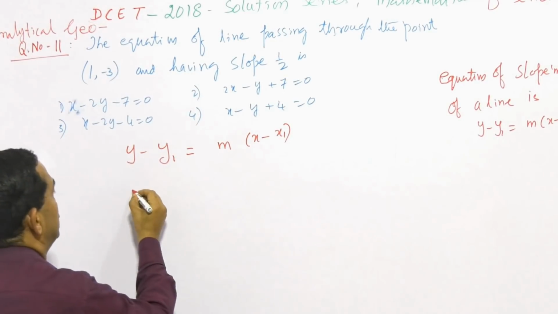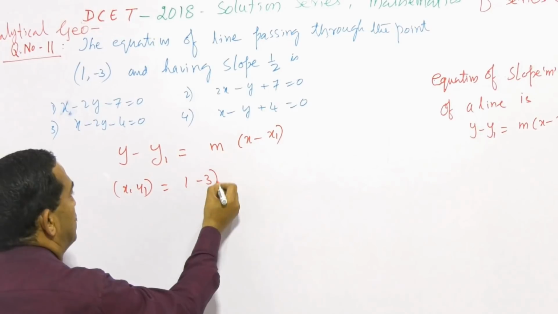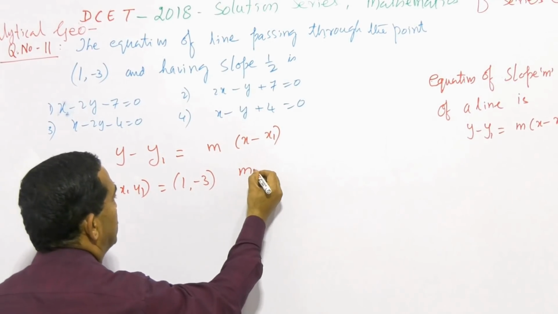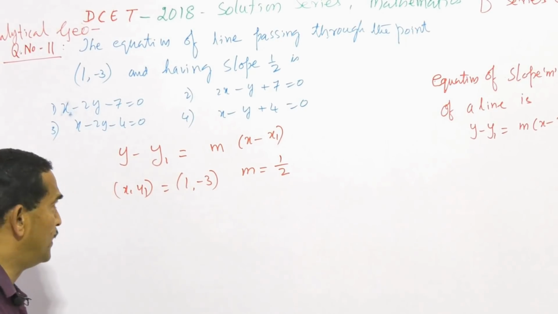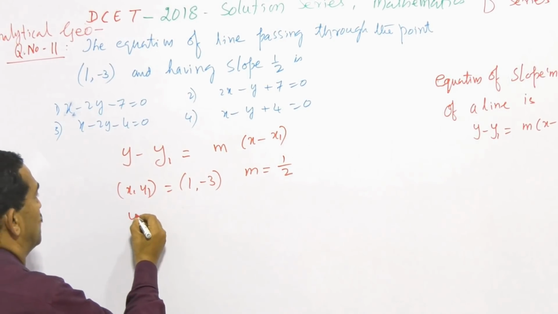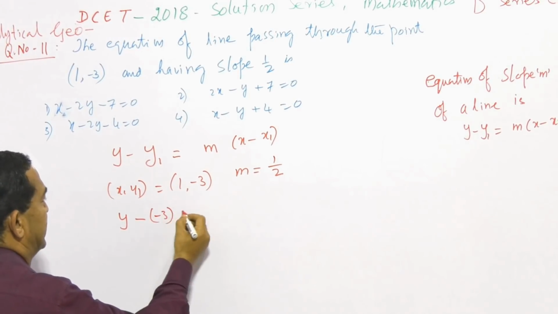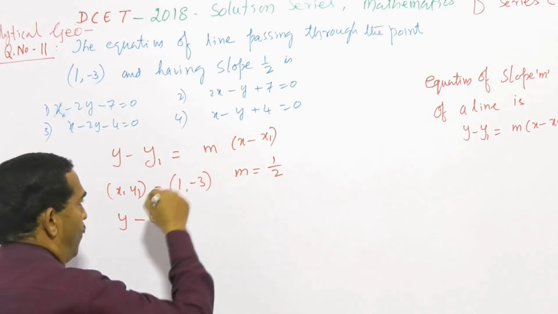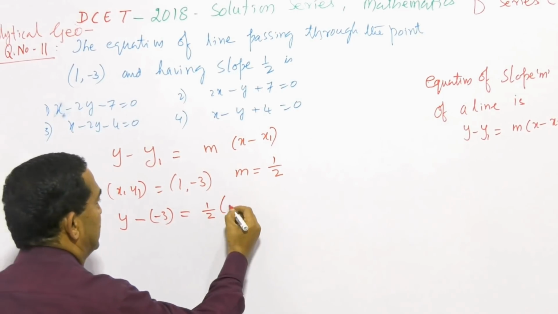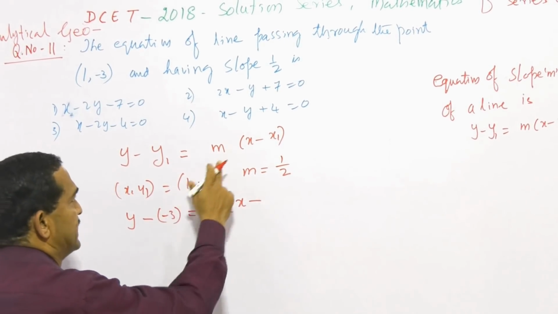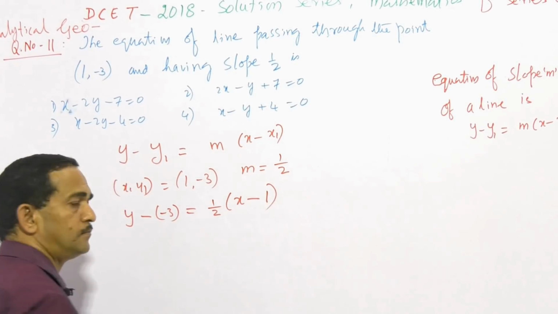What he has given is the point x1, y1 is equal to 1, minus 3 and the slope m is equal to 1 by 2. Now substitute those values: y minus y1, that is minus 3, is equal to m value 1 by 2 into x minus, again, x1 value 1.